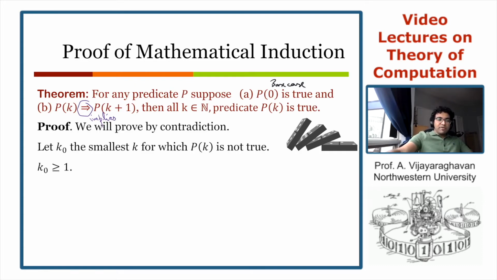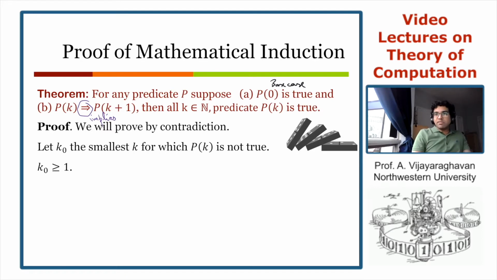Now, we'll prove this by contradiction. In many of these proofs by contradiction, let's think about k naught as the smallest k for which this predicate is not true. So we are proving this for the sake of contradiction. Let's assume that there is some k for which this predicate is not true, and let k naught be the smallest such k.